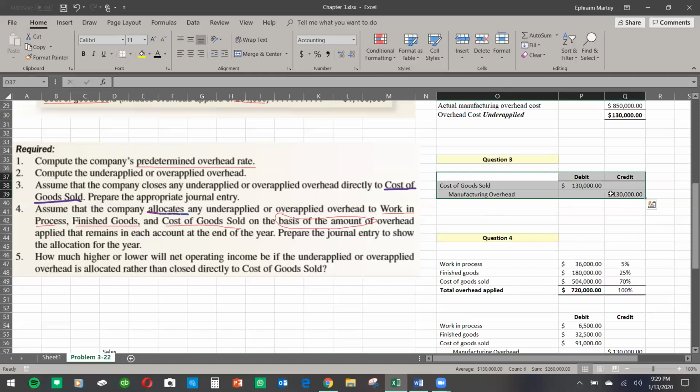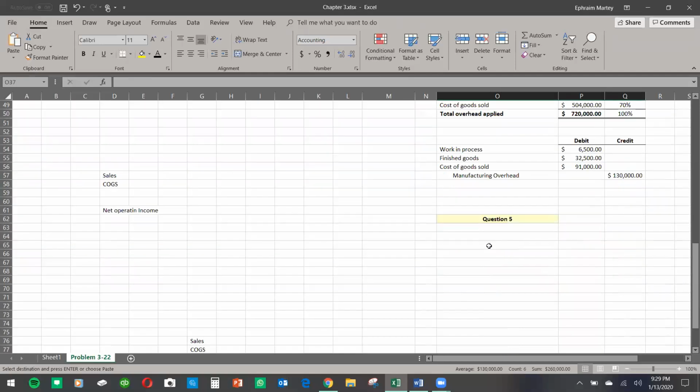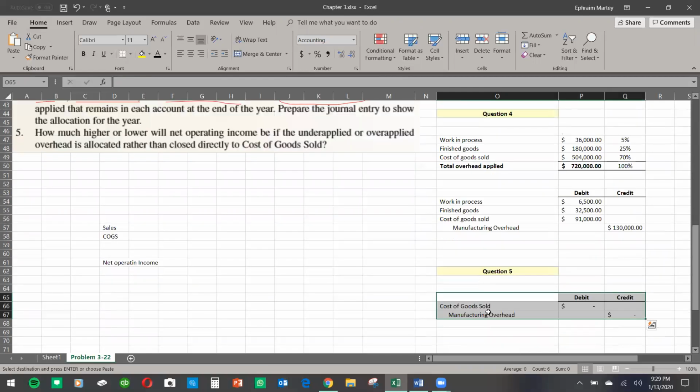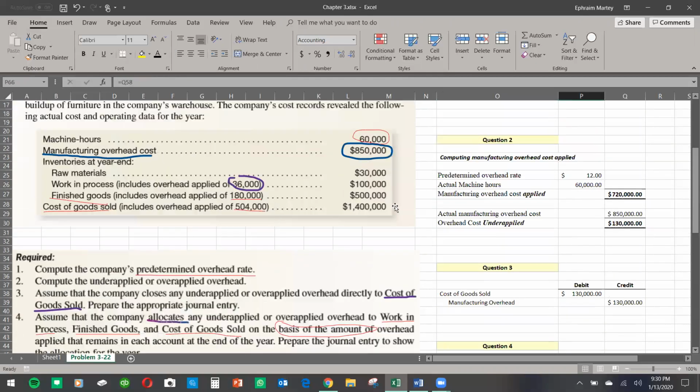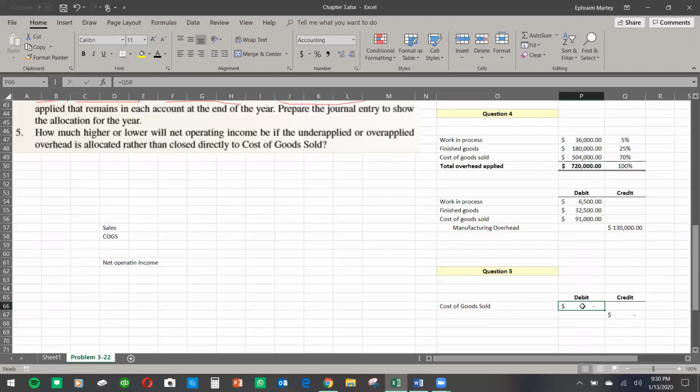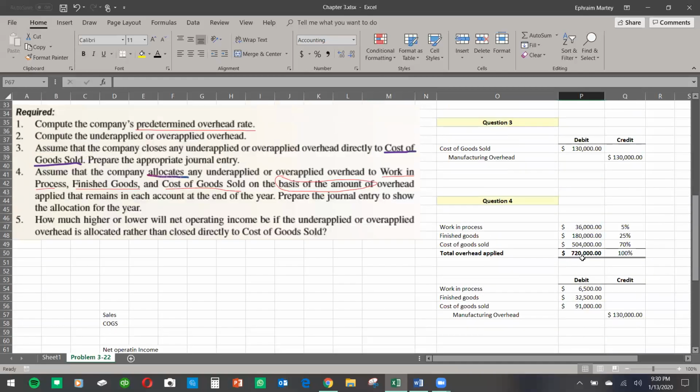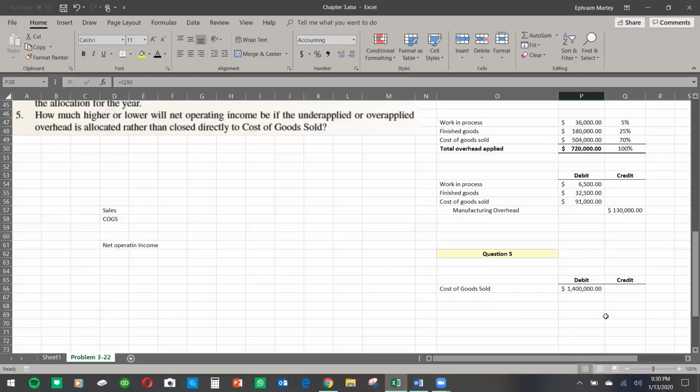So let me copy this and bring it here. Okay, let's assume we're closing it directly. This is cost of goods sold. Cost of goods sold at the end of the year was 1,400,000. Okay, this will get rid of it. This cost of goods sold T account. And when we close it directly, we added 130,000 to it.